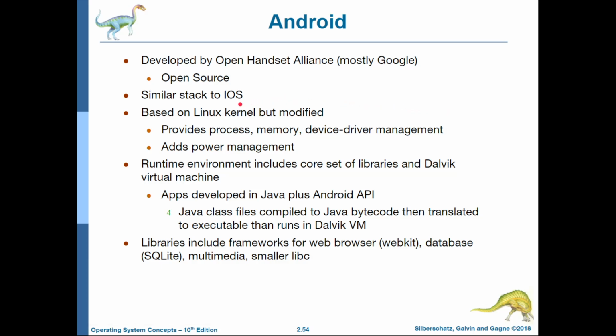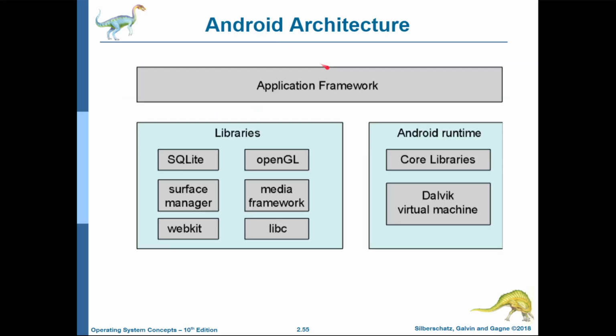Now, like we've said before, all operating systems will be based on the hardware, and iOS and Android are very specialized, and so the operating system is very specialized. And here's a diagram of the Android architecture, the libraries that are usually available to all the different apps that are running, and then you have the Android runtime, which ends up being the actual operating system.